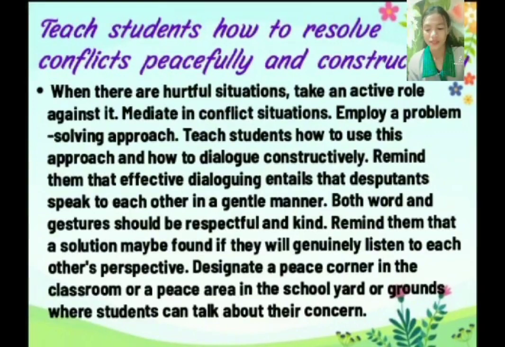The next one is teach students how to resolve conflicts peacefully and constructively. For instance, when there are hurtful situations, take an active role against it. Remind them that a solution may be found if they genuinely listen to each other's perspective.